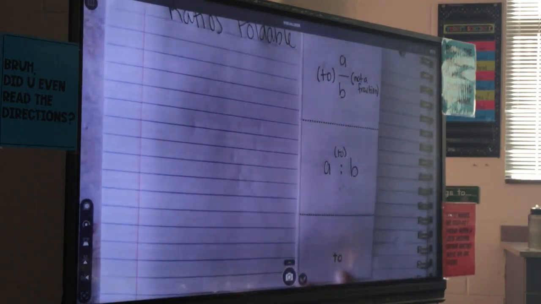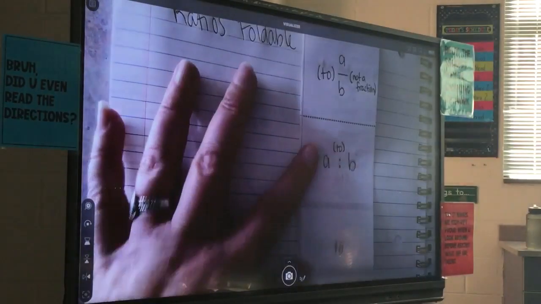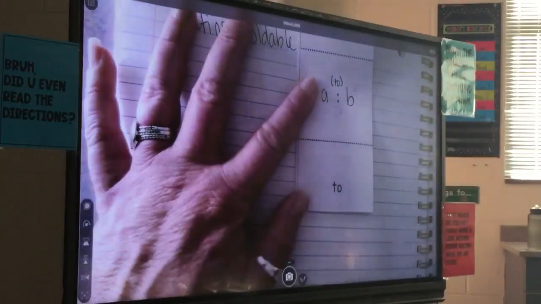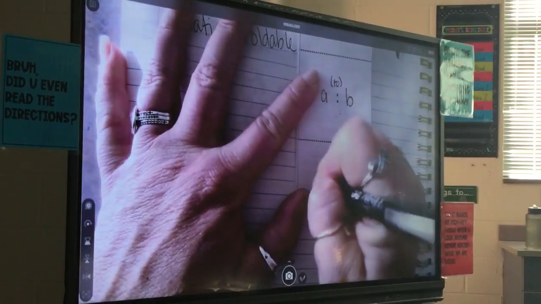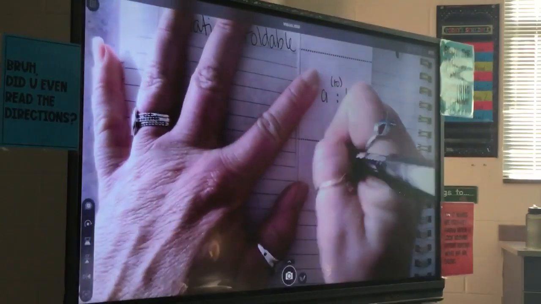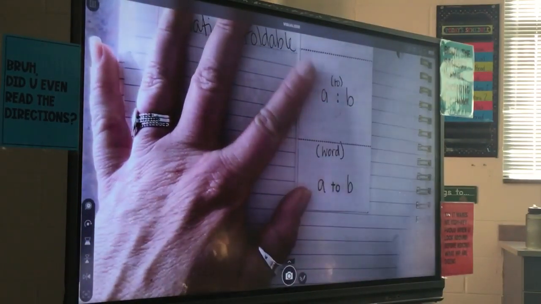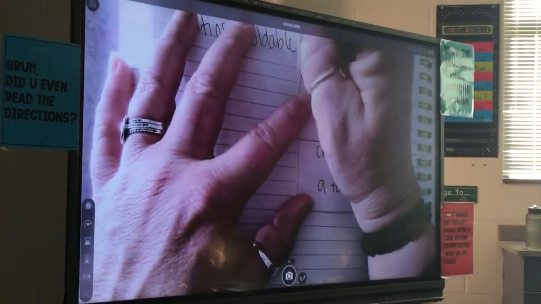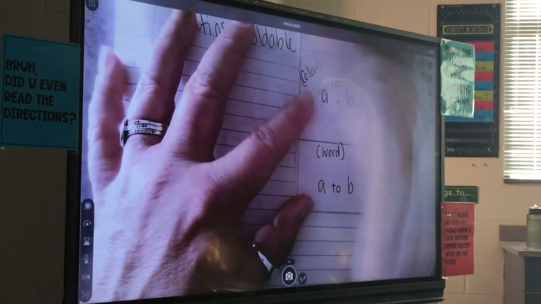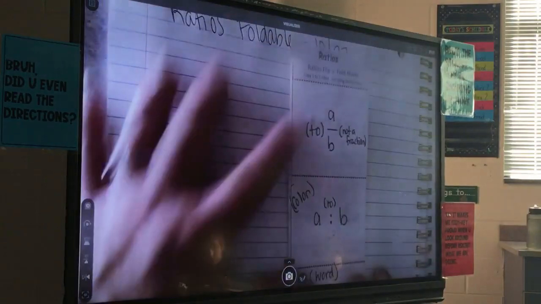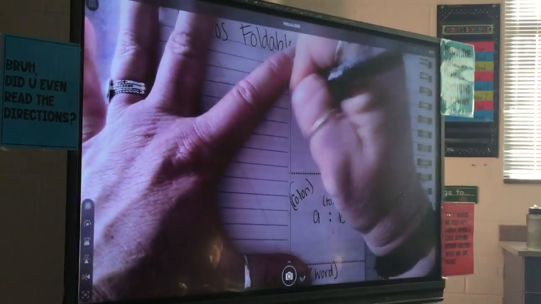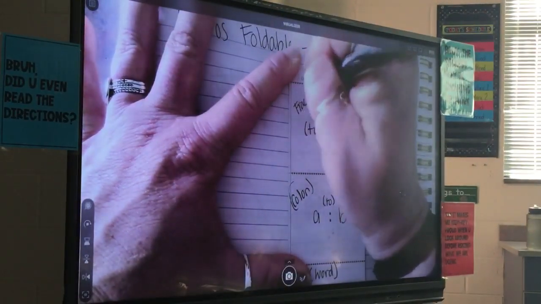All right, the last one is the word "to." This is word form. So A to B. So this is word form. This is colon form. And this is fraction form.